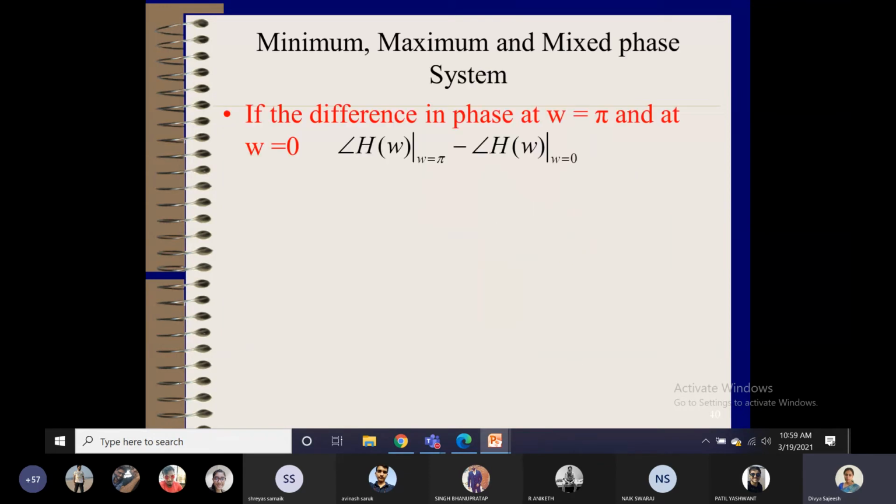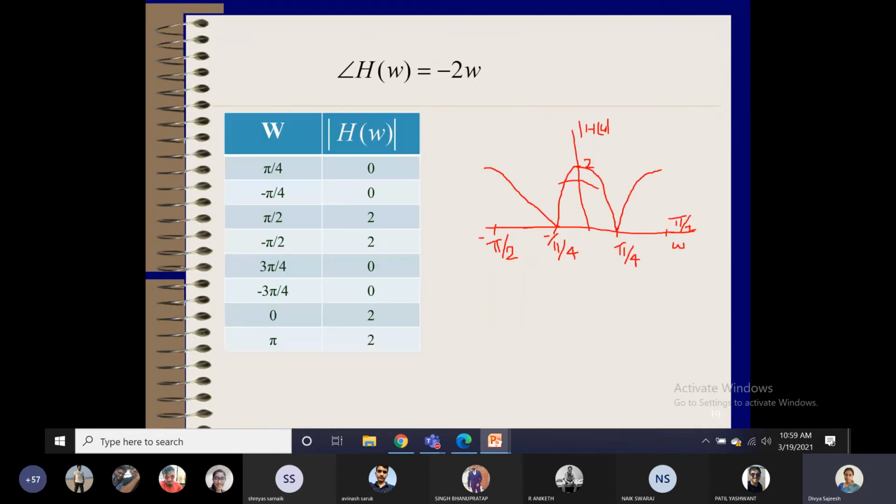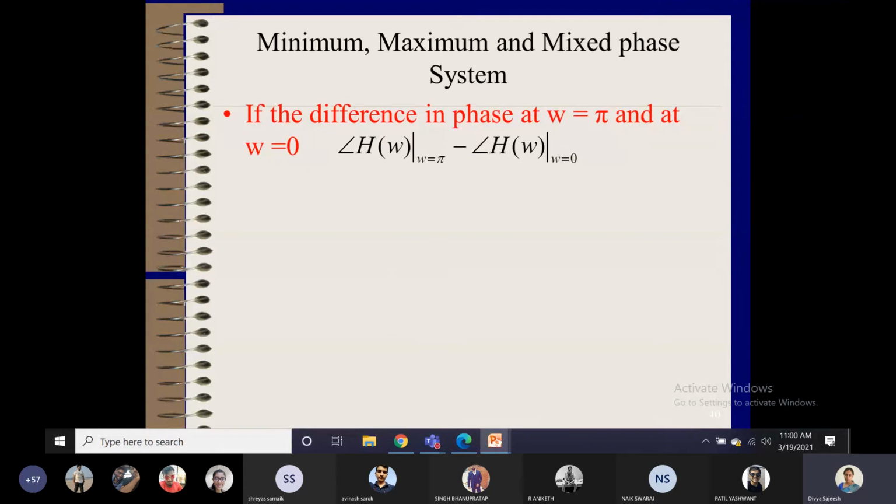Now, just now we plotted the magnitude for various values of omega. Phase we didn't plot, you can try by yourself. If I plot the phase also, let us take the phase difference, angle h of omega at omega equal to pi minus angle h of omega at omega equal to 0.